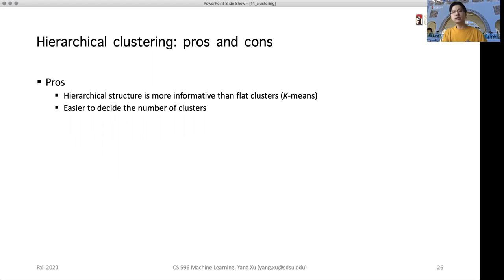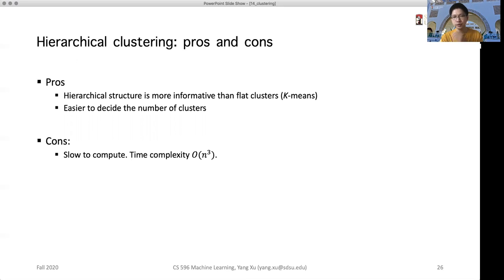And also, it's easier to decide the number of clusters. After we run the complete clustering algorithm, we can choose different thresholds to immediately decide the proper number of clusters. But cons are also there.